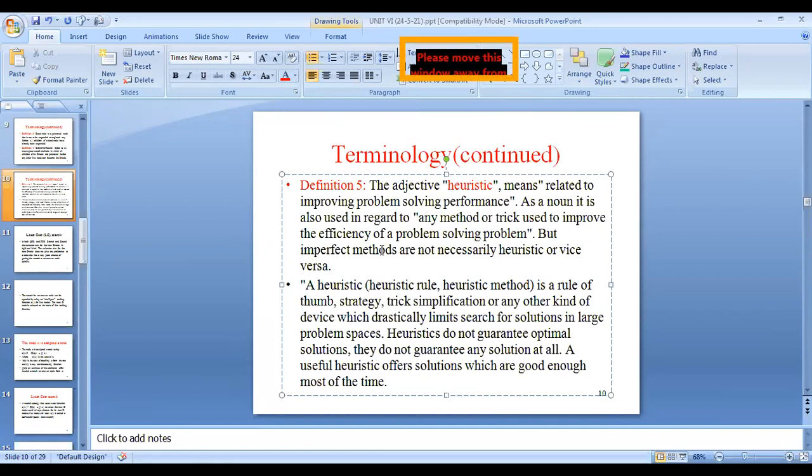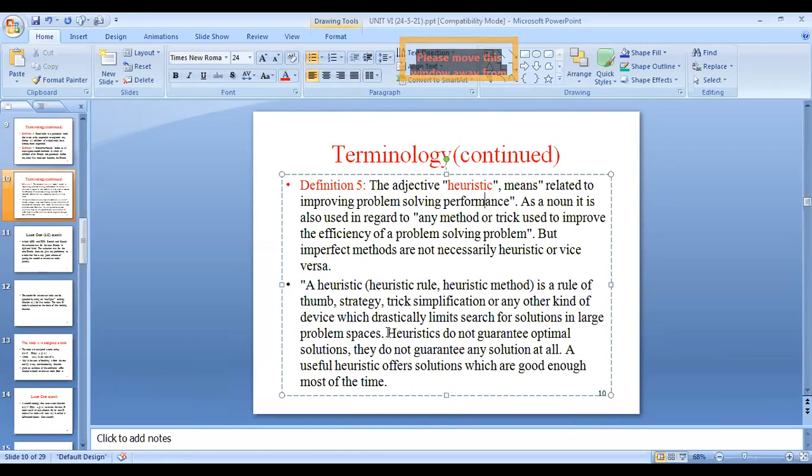But imperfect methods are not necessarily heuristics or vice versa. So heuristics improve the problem solving capacity. It is a trick, and like a trick it will work. A heuristic rule or heuristic method is a rule of thumb, a strategy, trick, simplification, or any other kind of device which drastically limits search for solutions in large problem spaces.